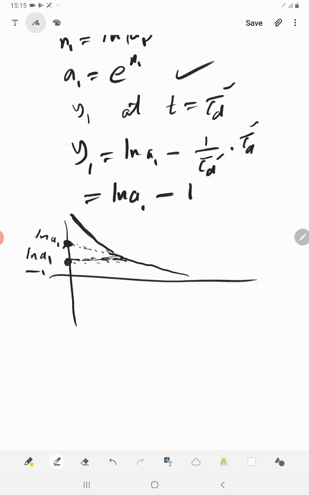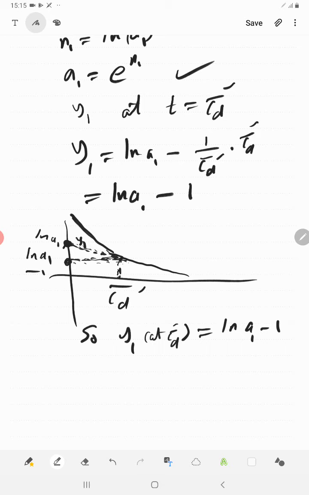Here it will intersect the curve y1 at tau d transient. So we can calculate the time tau d transient. So y1 at tau d transient is equal to ln a1 minus 1.